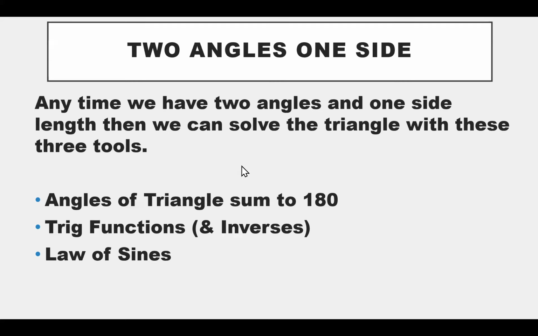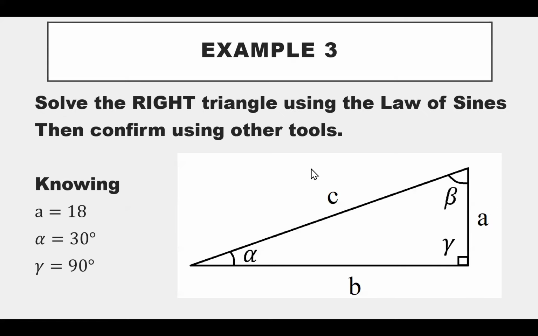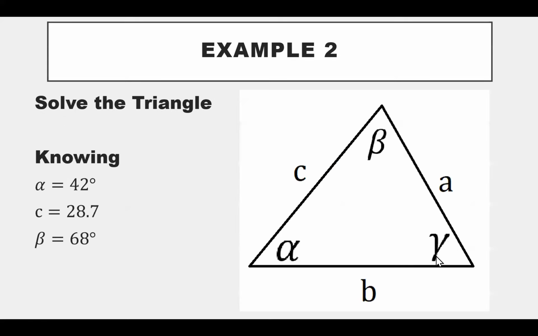So that means anytime we have two angles and one side length of any triangle, then we can solve the triangle with the tools that we're talking about. The fact that the angles of the triangle add up to 180, utilizing calculations with trig functions and their inverses, and using law of sines. That's regardless of whether the triangle is a right triangle, whether it was acute, like this example.